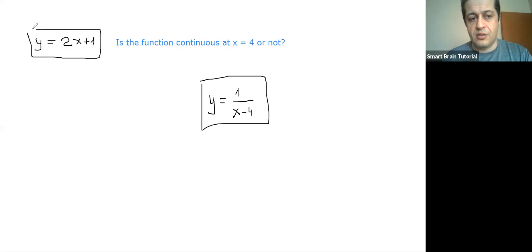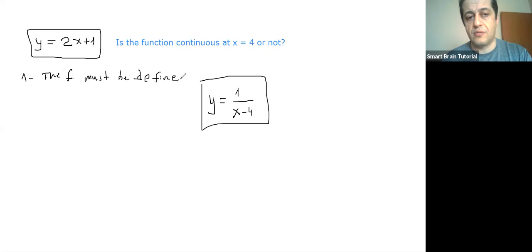Why? Because there are 3 conditions, as I said before, for a function to be continuous. The first condition is the function must be defined at x equal to 4.